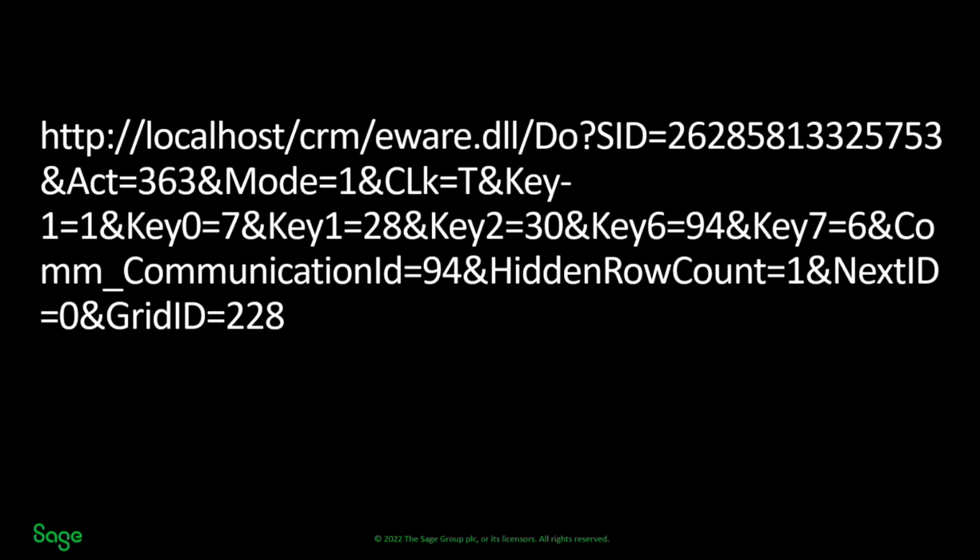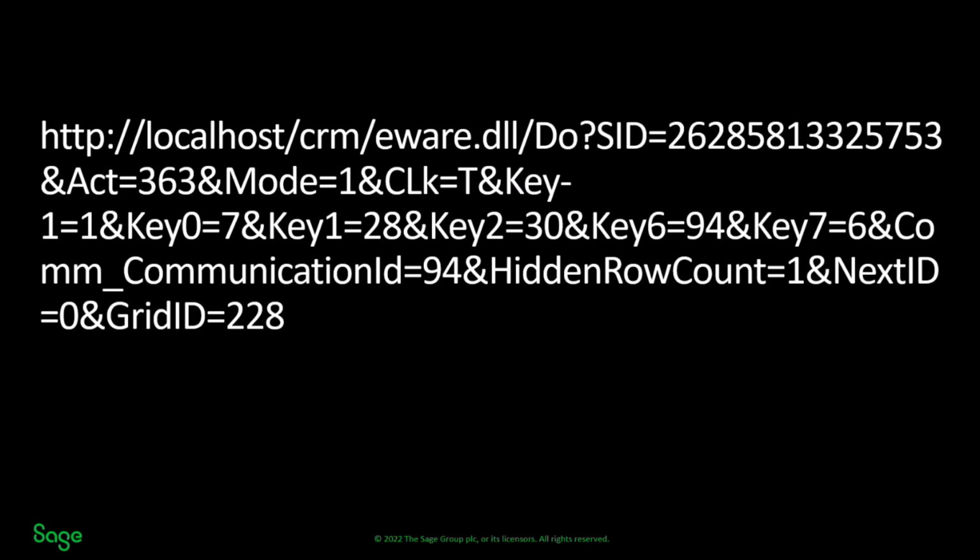My scope of reference is very often going to be things like, what is my context? Where am I? Here you can see that context is determined by the name value pairs that are passed in as the parameters. In this particular case, I've got things like key -1 equals 1, key 0 equals 7, key 1 equals 28, key 2 equals 30.